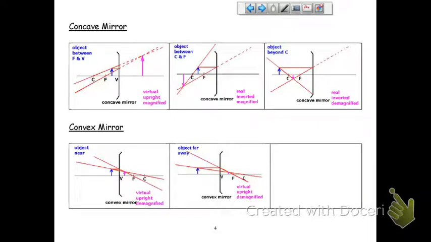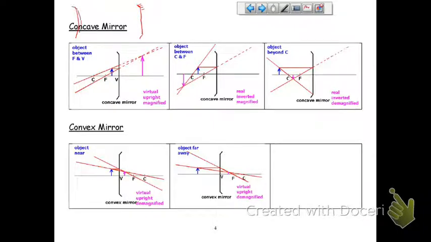I have mirrors. I don't want to show them curvy because that means my diagram's going to be really messed up. So I want to show them like there's a straight line. A little bit of curvature approximates to a straight line. But I want to give an idea of what kind of mirror it is, so I put little ears on it.